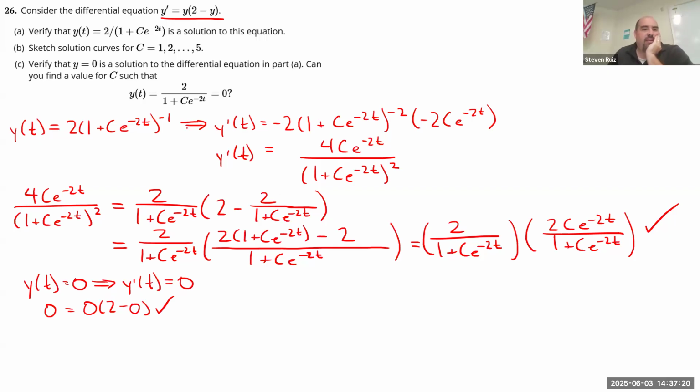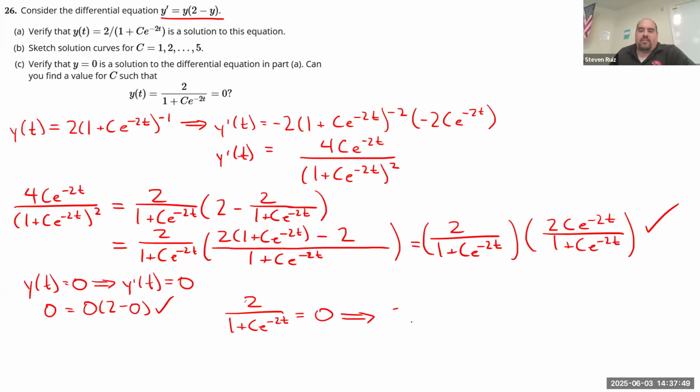But if we look at our equation here, can you find a value for c such that 2 over 1 plus c e to the negative 2t equals 0? I don't know. Let's try to isolate c in this equation. So 2 over 1 plus c e to the negative 2t equals 0. Let's clear the fractions. So I'm going to multiply both sides by 1 plus c e to the negative 2t.